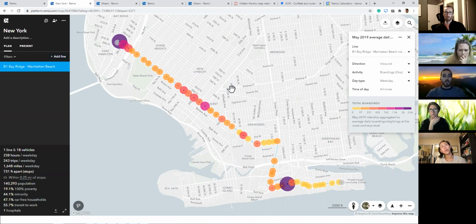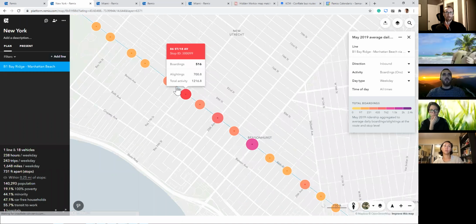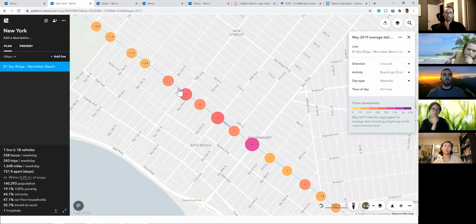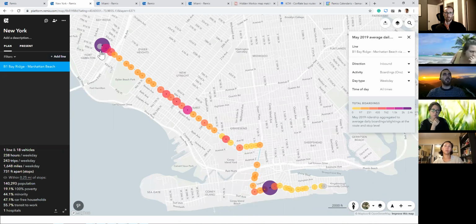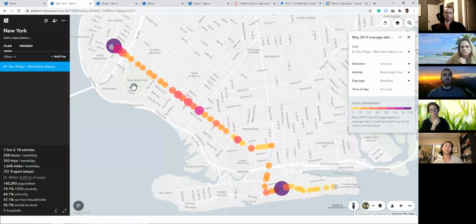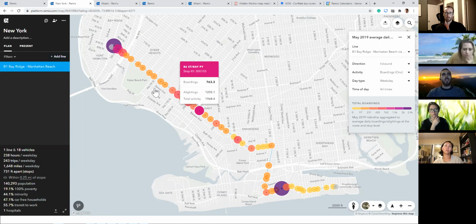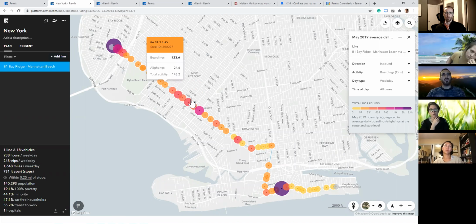So this is telling me the activity at the stop, but it's not telling me how full the bus is at each given moment. So if the question is, how full is the bus in this segment, or for that sake, in all this part of the line, it's not that easy to answer. If I really want to answer that question, I would need to sum up all the boardings until this point, and subtract all the alightings until this point.